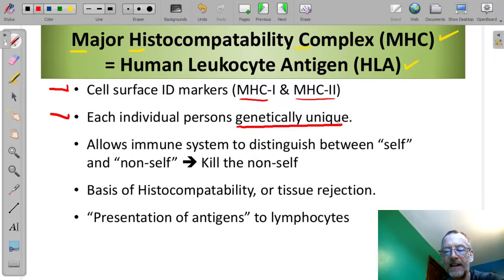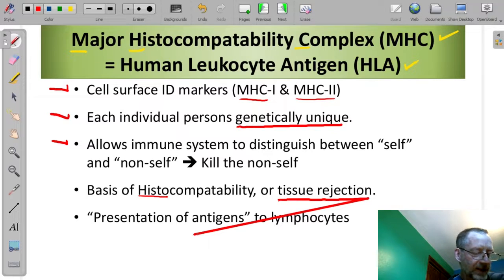And the idea then is to kill the other cells that aren't part of you. And this is the basis of histocompatibility. Histo is referring to tissues and whether or not tissues are compatible. And that is what accounts for tissue rejection.